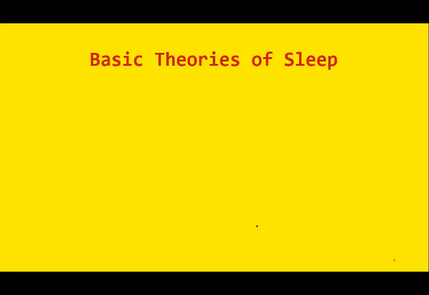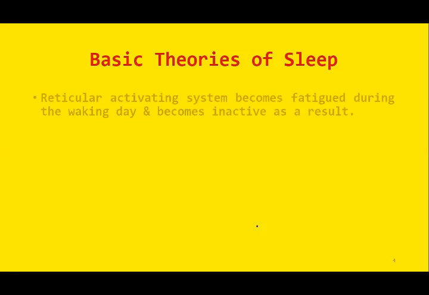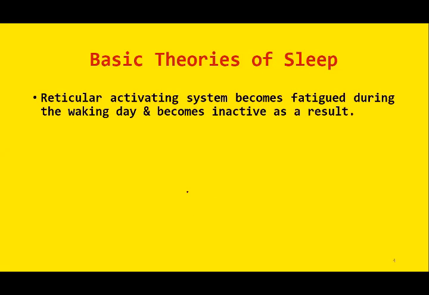So what are the mechanisms behind sleep? Why do we sleep? There are different theories behind the phenomenon of sleep. According to one theory, the reticular activating system, commonly known as RAS, is responsible for the normal sleep-wake cycles.